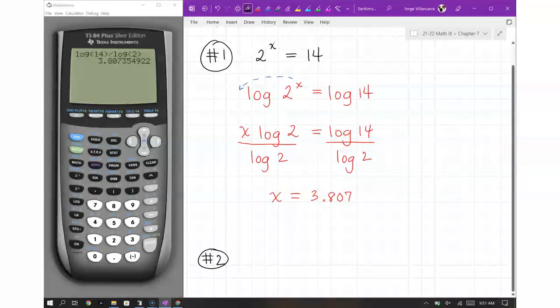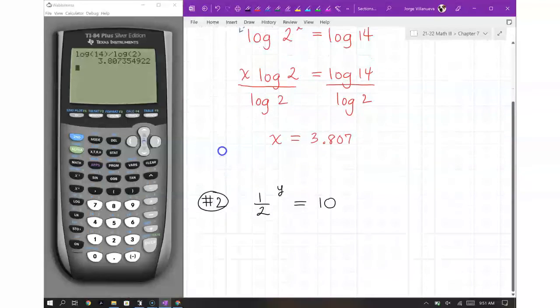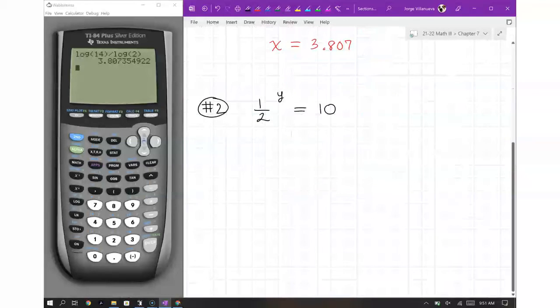So let's try a 1/2 to the y equal to, we'll do a 10. Okay, now again, you're not going to be able to write 10 as a 1/2 to a specific power, right?